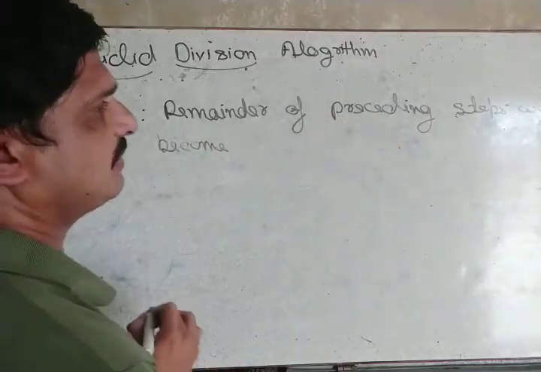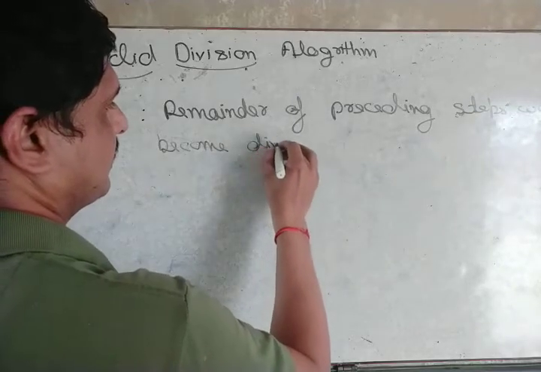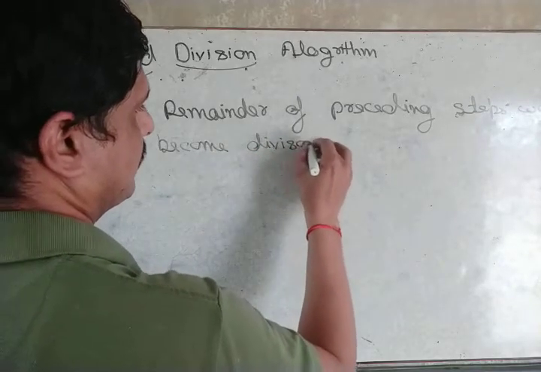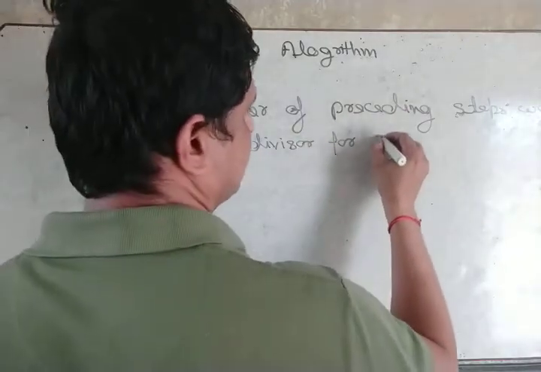Remainder of preceding step would become divisor for present step.